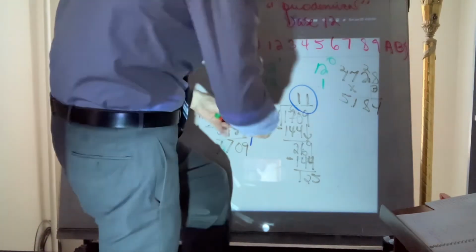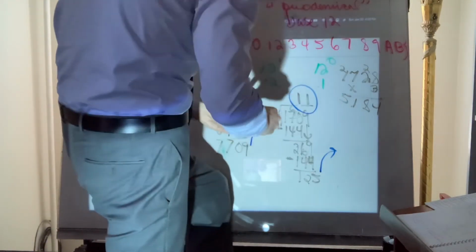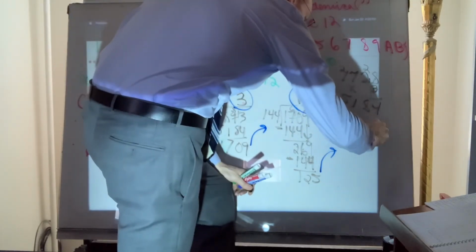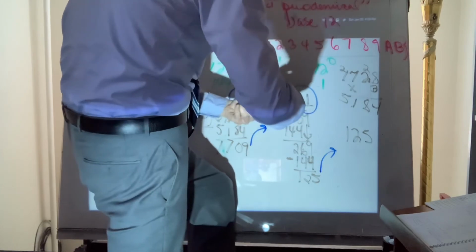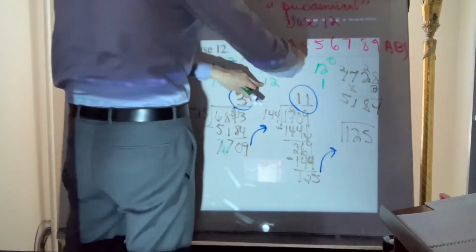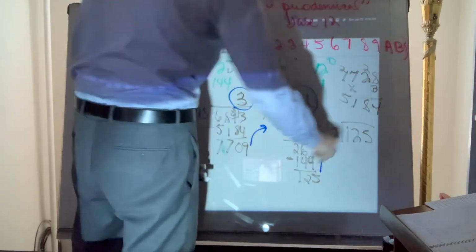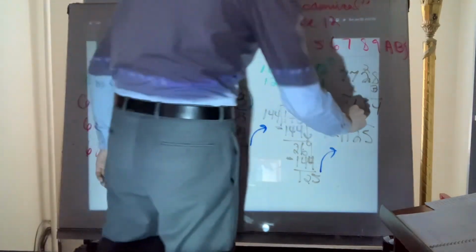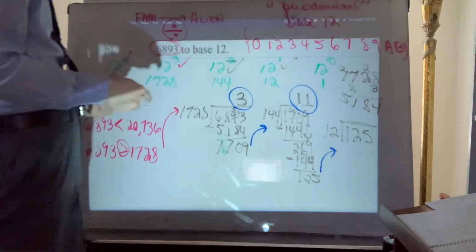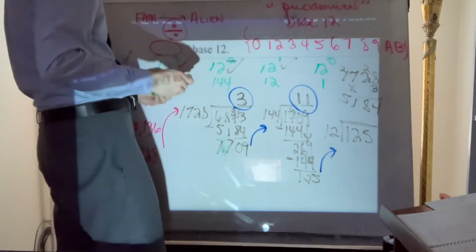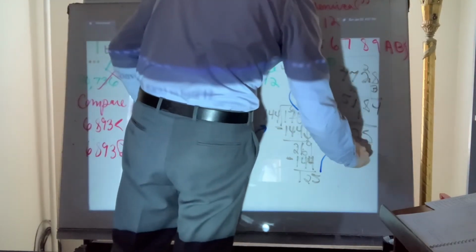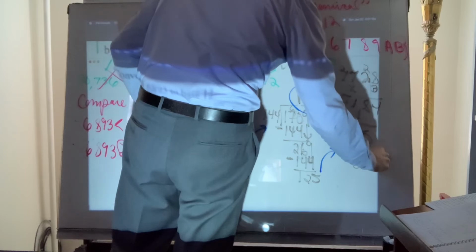So moving on, we now have to do 125 by the next position value, which is 12. This is really dying, this poor marker. I should just throw it out. 12 goes into itself exactly one time, which terminates, but you have to bring down 5.